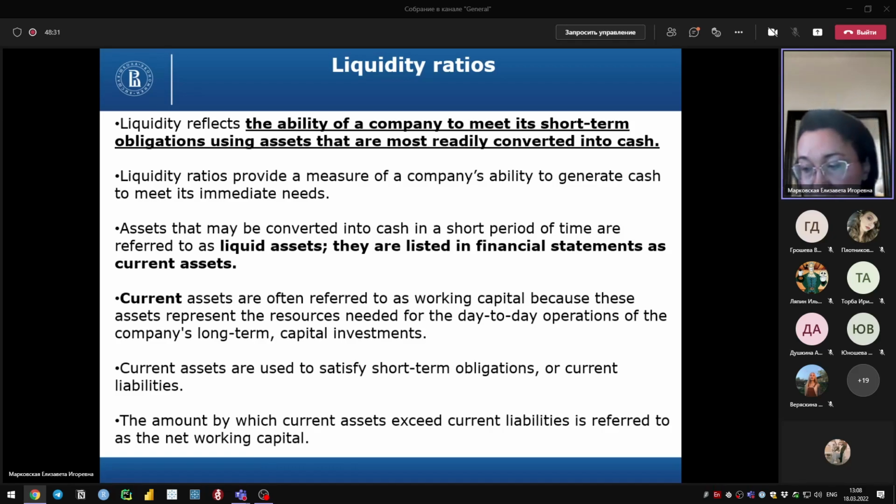And liquid assets are listed in financial statements as current assets, or short-term assets. These assets are used to satisfy short-term obligations and for day-to-day operations.